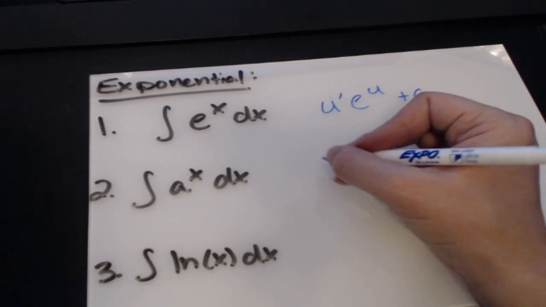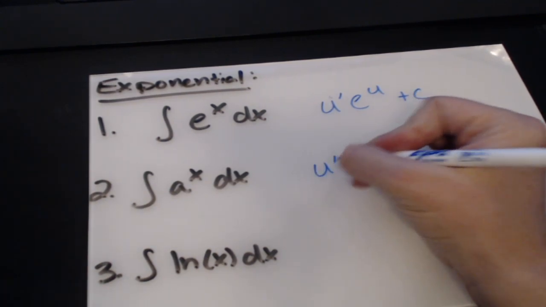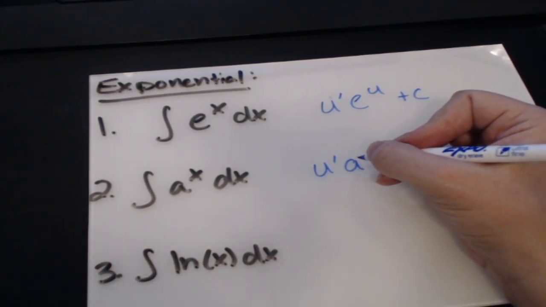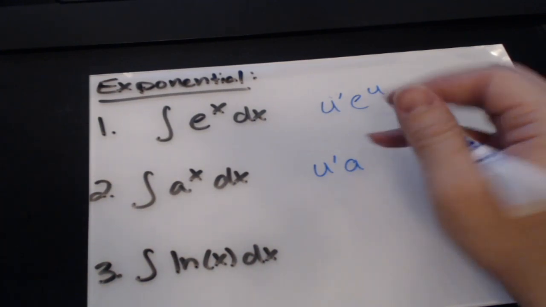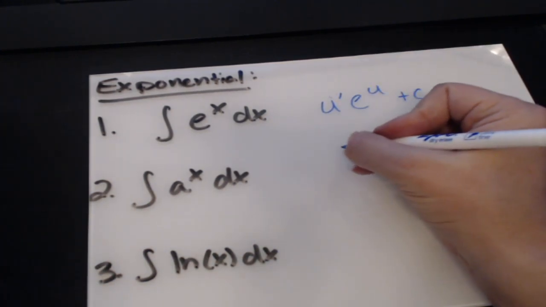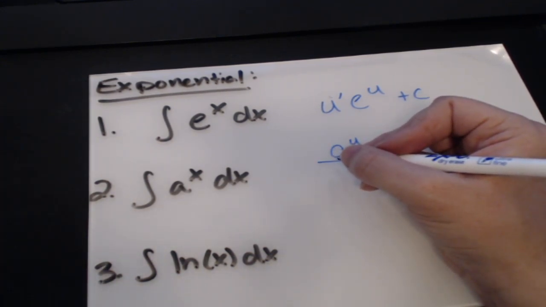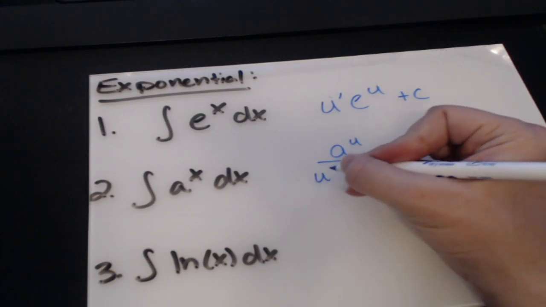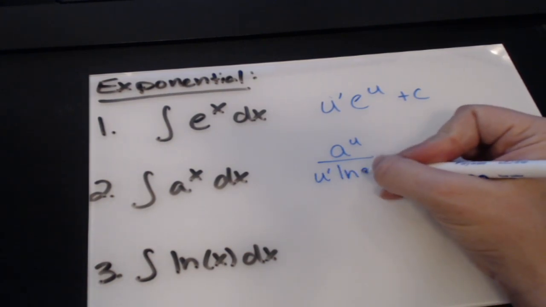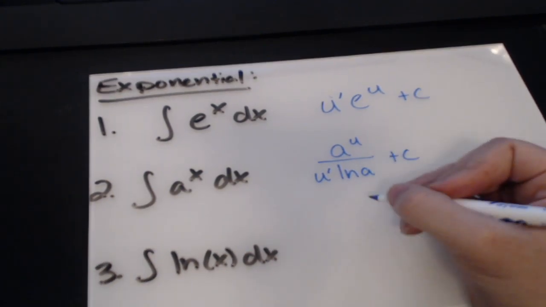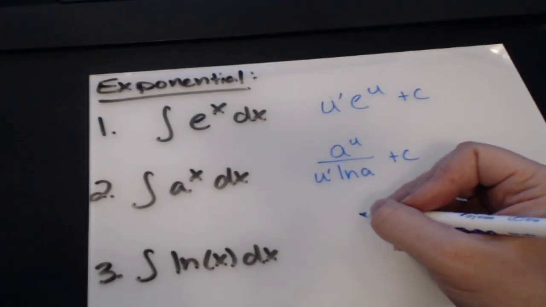Or here we'd have 1 over u prime a to the u over natural log of a plus c. I think that one's right. And you get the idea.